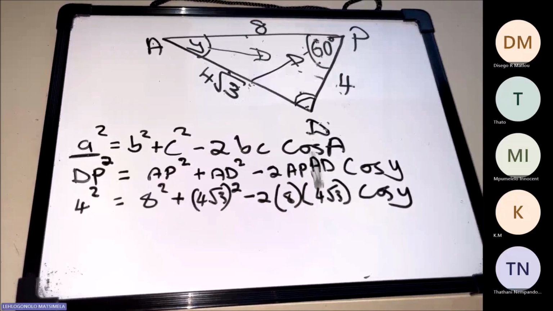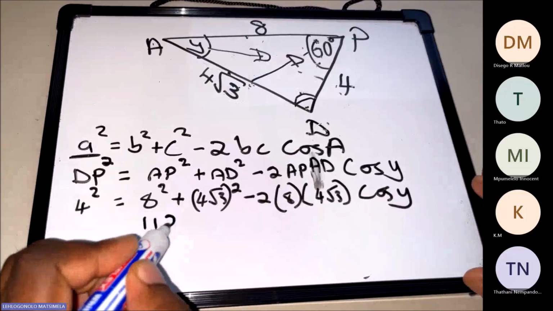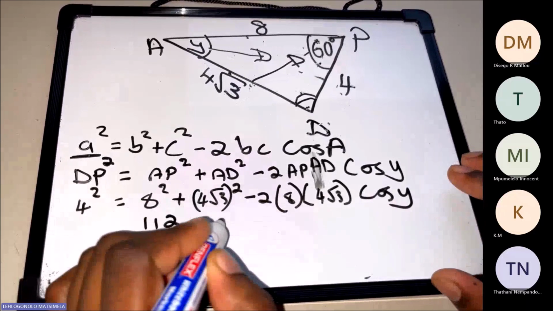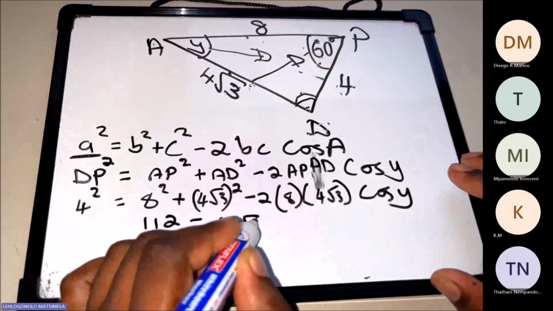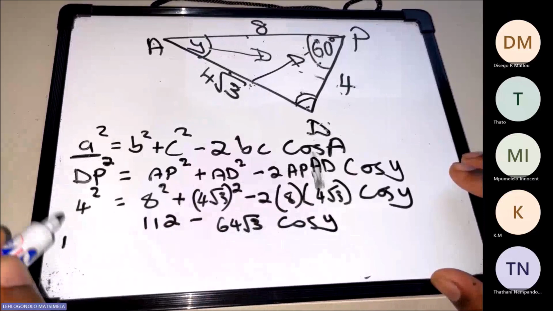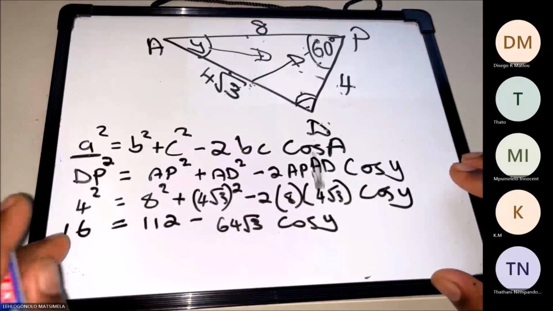Which will give us 112 minus, okay, 2 times 8 times 4√3 is equal to 64√3 cos of Y, and then this side is equal to 16.